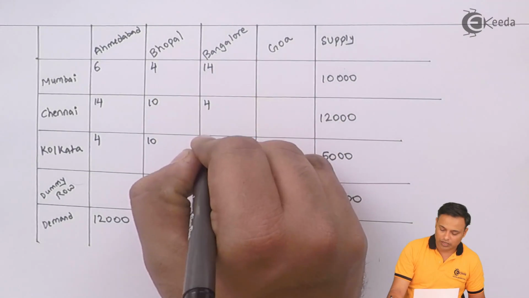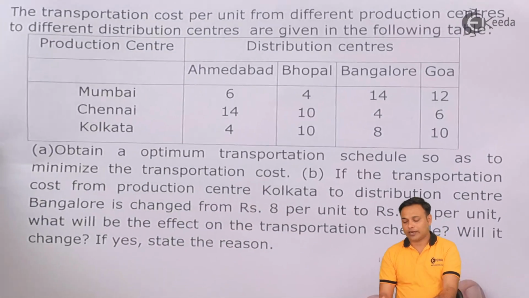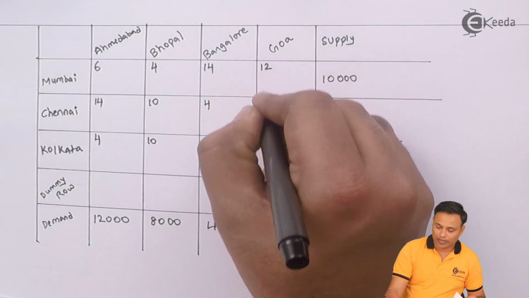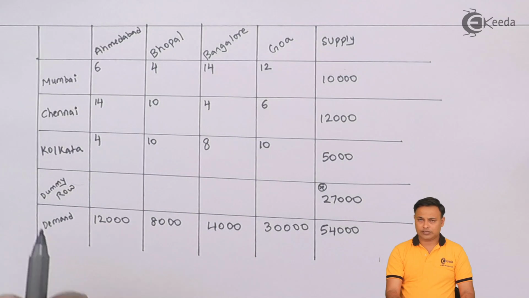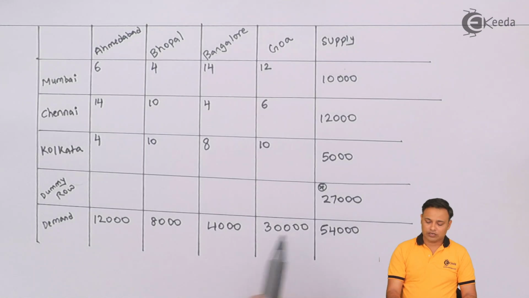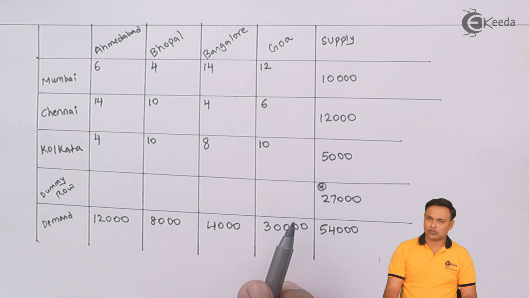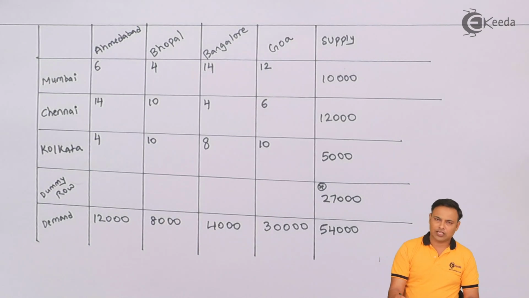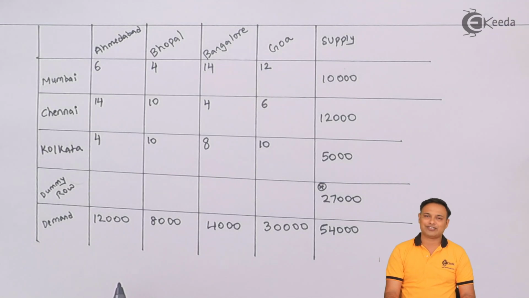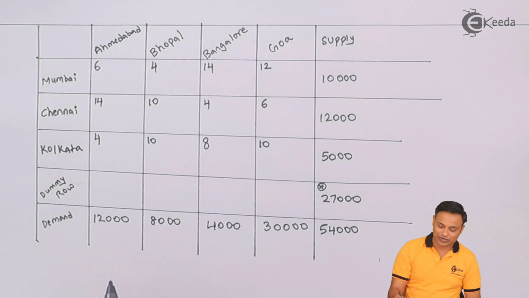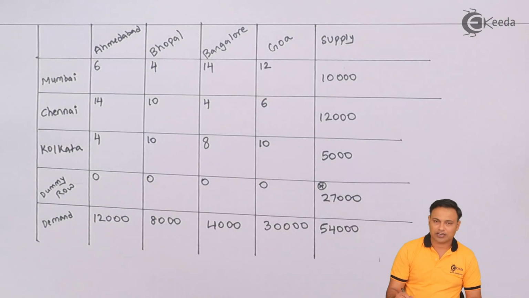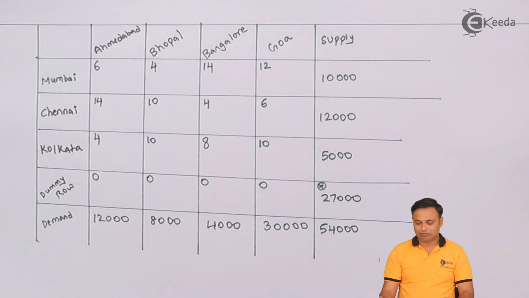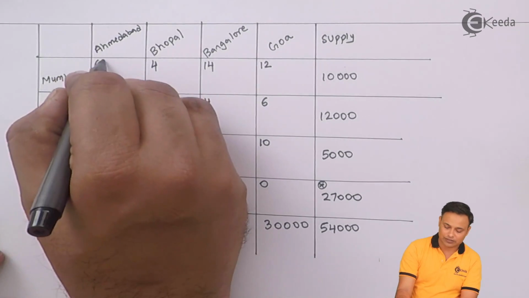At Goa we have 12, 6 and 10. And then we have this dummy. As we know, dummy is introduced just to solve the problem. Therefore, there is no cost involved in case of a dummy. So let us introduce a cost of 0 for the dummy rows. Now my problem is completely balanced.